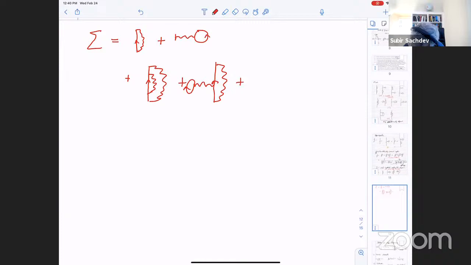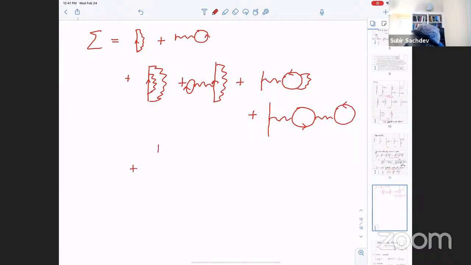Then I had... so that's 6, and then I have, as you can see, it's a lot more fun drawing these pictures.